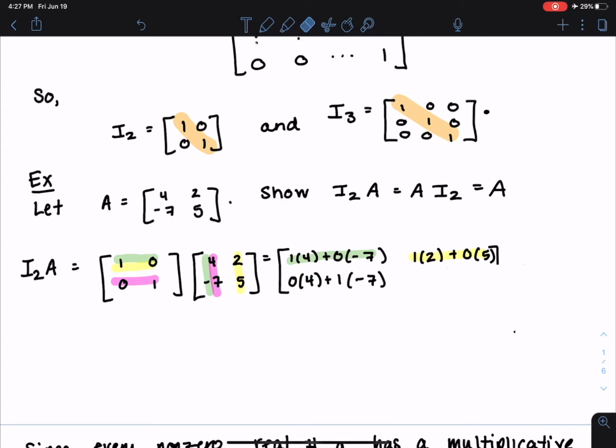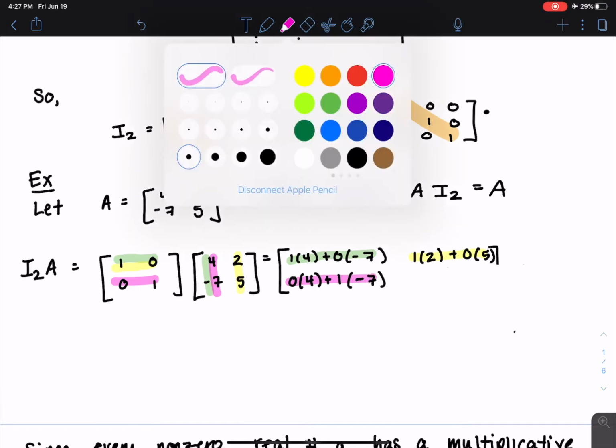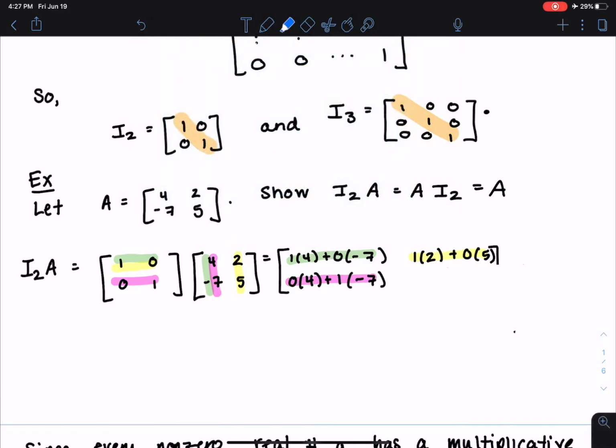So you get 0 times 4, 1 times negative 7. And then finally, to get that 2,2 position, we do the second row, second column. So we get 0 times 2, 1 times negative 5. And indeed, if you do this addition and multiplication together, you end up with exactly the same matrix you started with.